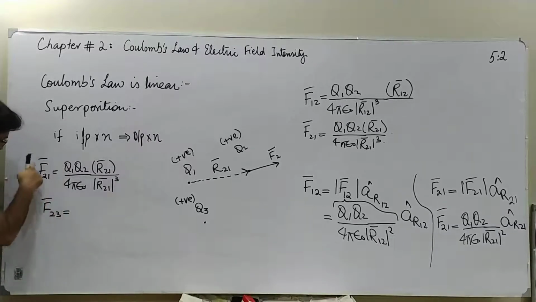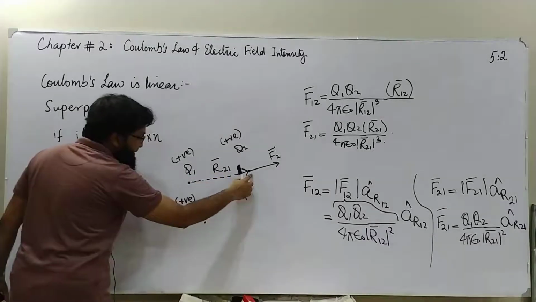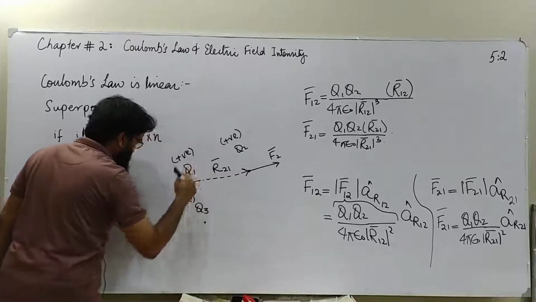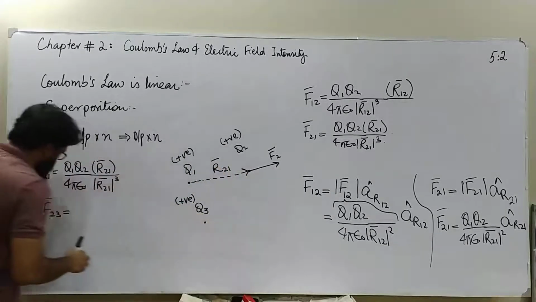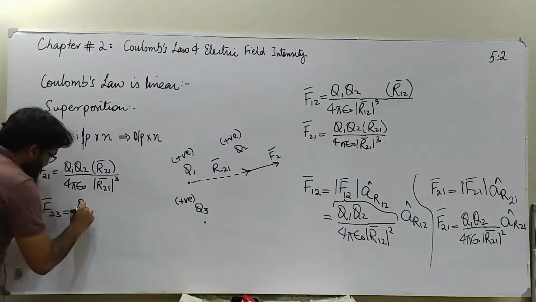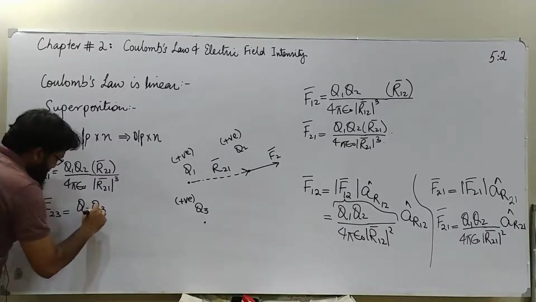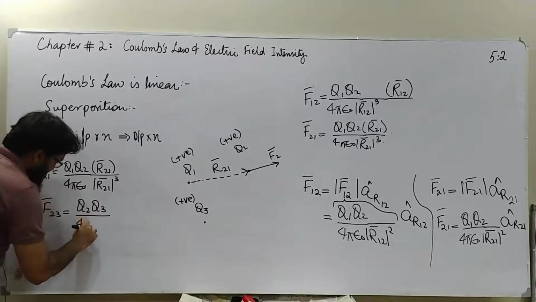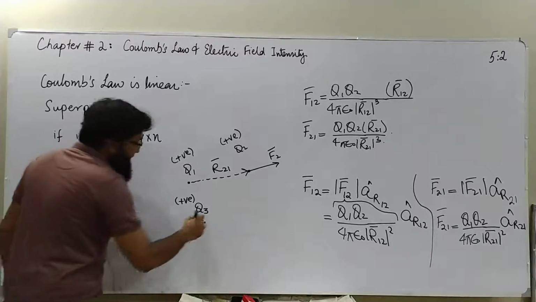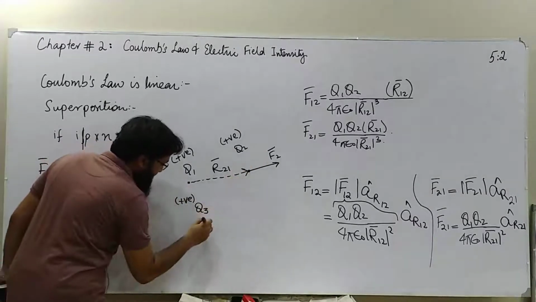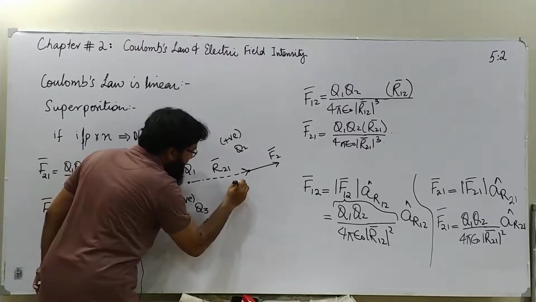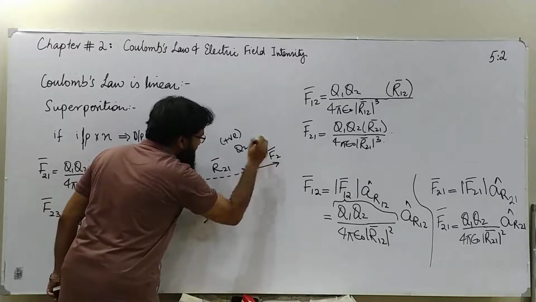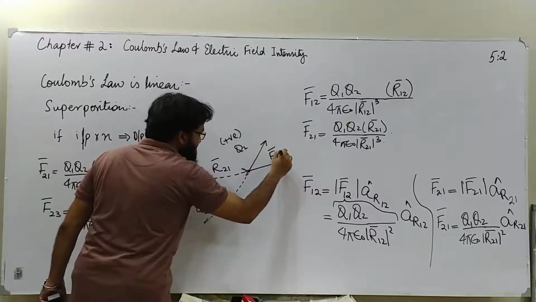Now this one is the force at this charge Q2 only due to Q1, so the force on this charge Q2 only due to Q3 should be equal to the product of the two charges Q2 Q3 divided by 4 pi epsilon naught.